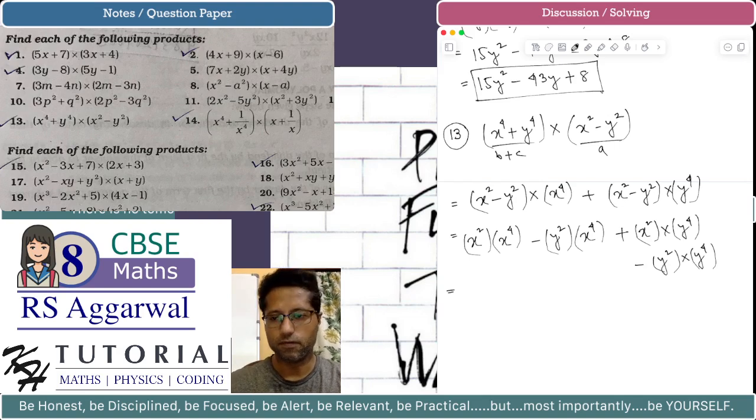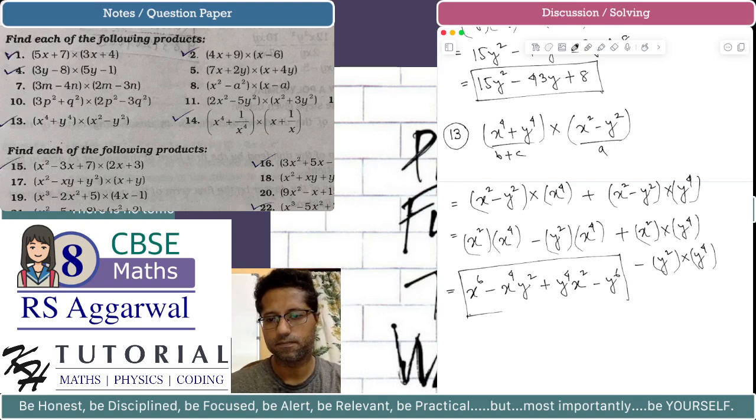This is equal to, after further simplification, x to the power 6 minus x to the power 4 y square plus y to the power 4 x square minus y to the power 6. So this is the final result.